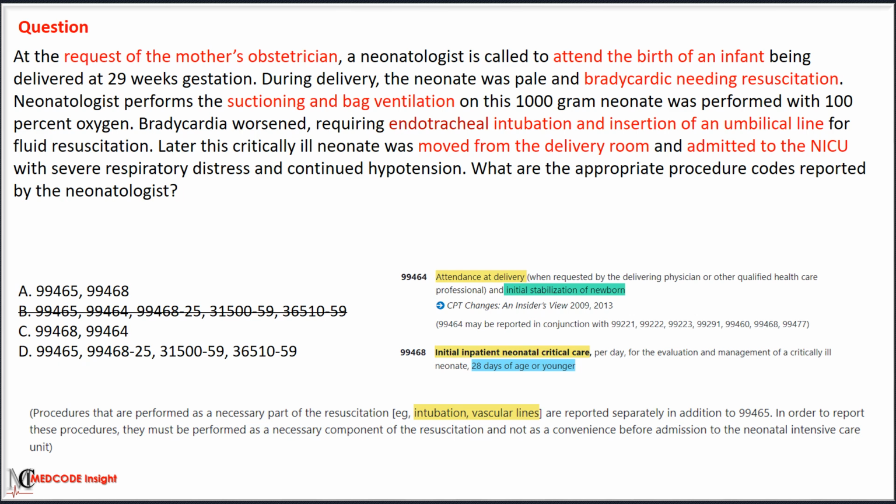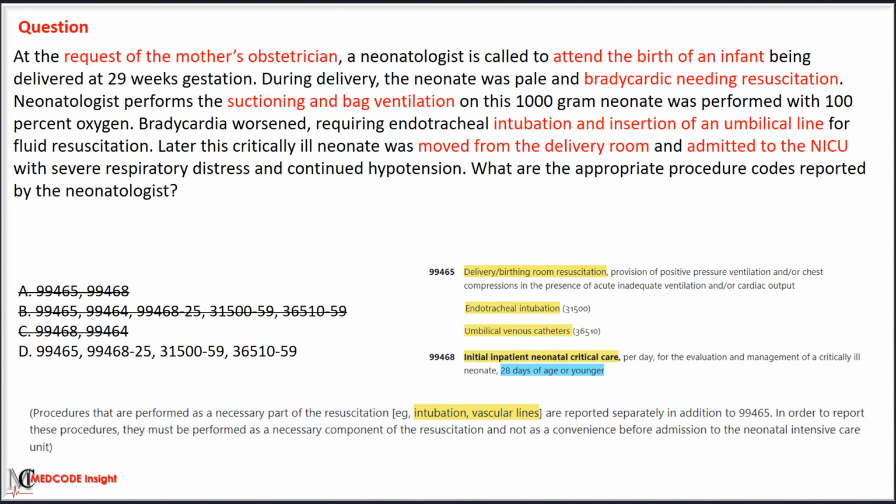In this scenario, in the delivery room, endotracheal intubation and insertion of an umbilical line for fluid resuscitation are performed. We will follow the guideline to eliminate option A, as these procedures, which are performed as a necessary part of the resuscitation and not as a convenience before admission to the neonatal intensive care unit, are reported separately in addition to code 99465.